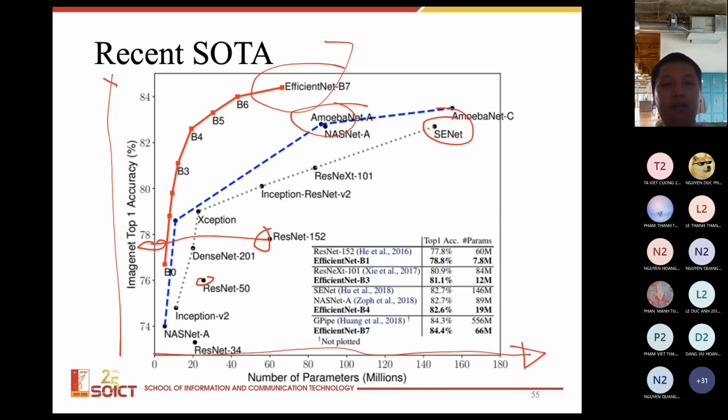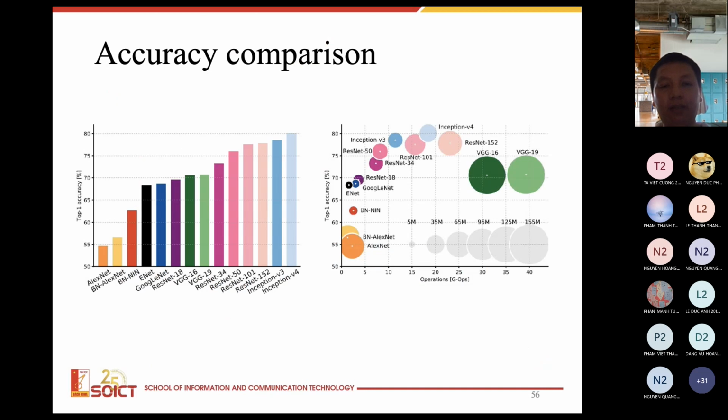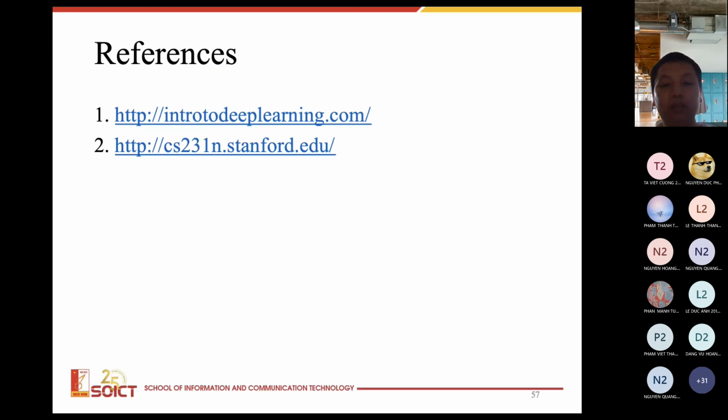And then you see that with EfficientNet B7, you will have the highest score with fewer parameters. Okay, another comparison with different neural network models.